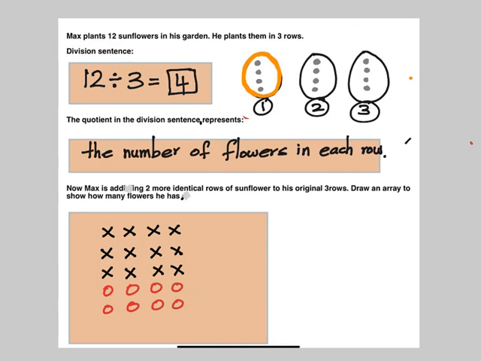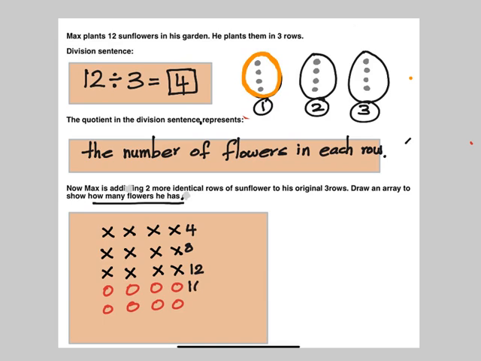Let us skip count and add and find out. For row 2, 4 plus 4 is 8. Row 3, 8 plus 4 is 12. Row 4, 12 plus 4 is 16.